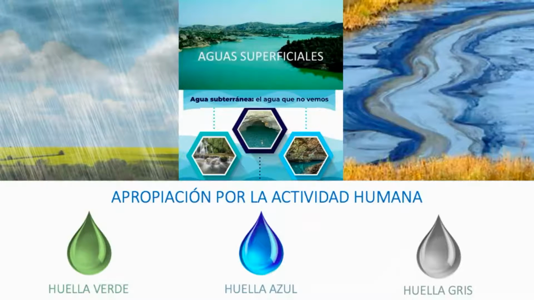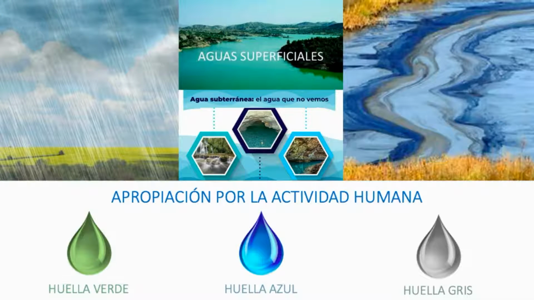Also, there is another color of the footprint called gray water footprint, and that part of the footprint relates to the appropriation of the assimilation capacity of rivers, the capacity of rivers to assimilate contamination.